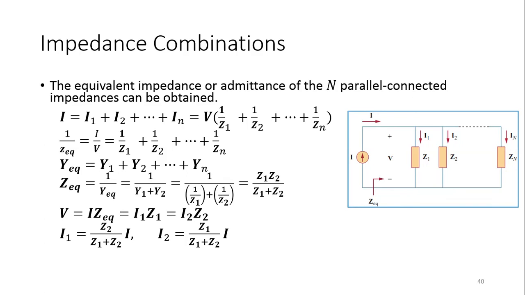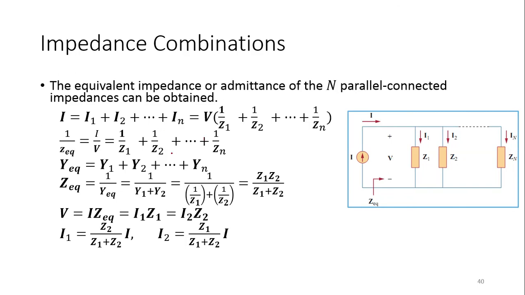For the current division principle, we can take that the sum of all the currents flowing through different branches is equal to the input current. At this node, the current entering the node is equal to the current leaving the node. This is also the statement of Kirchhoff's current law.